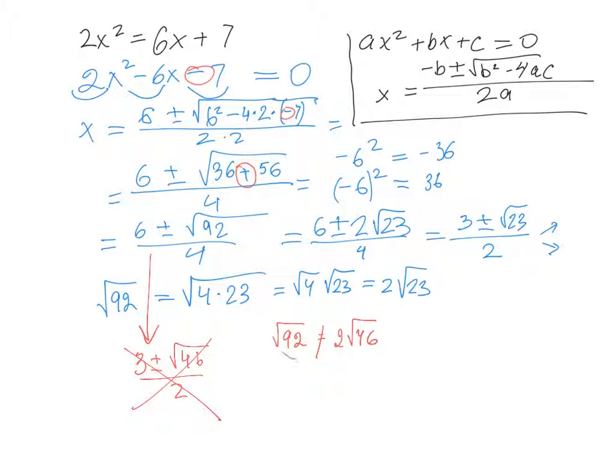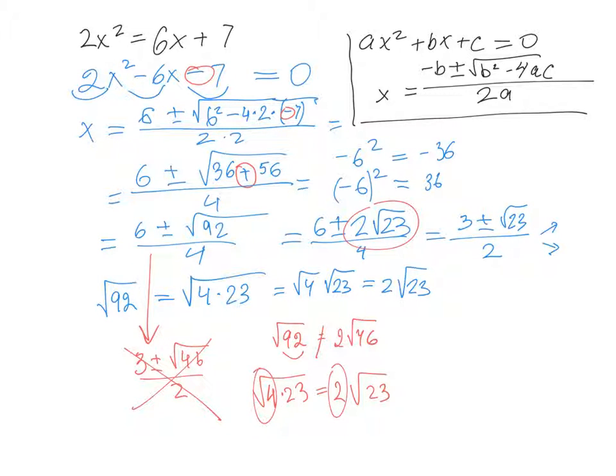The 2 that is sitting inside of 92 is not really a 2. And the 2 that we have here outside, this one, 2 radical 23, inside of the square root it actually is a 4, because, as you just saw, square root of 4 gives us 2 outside.